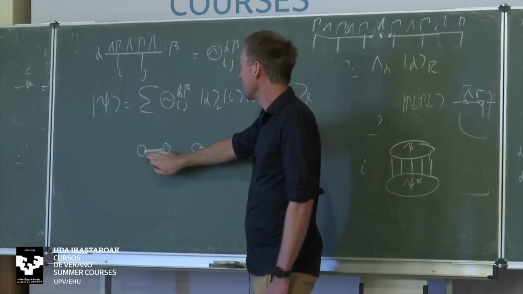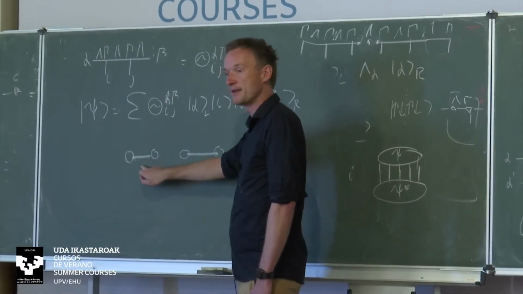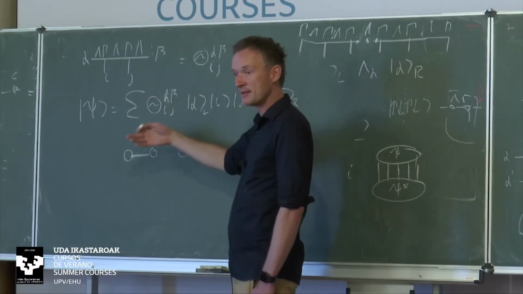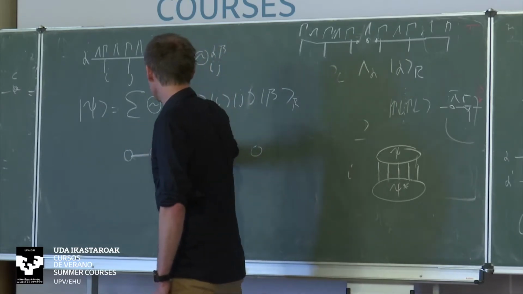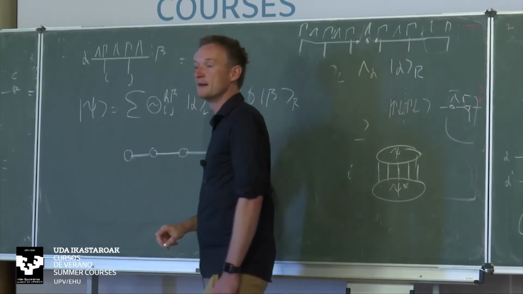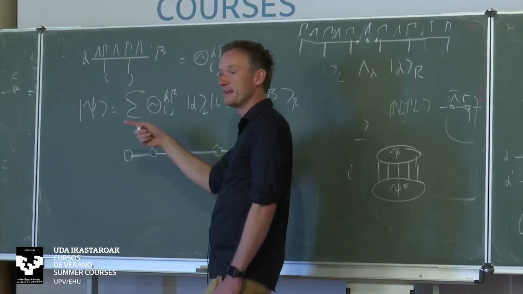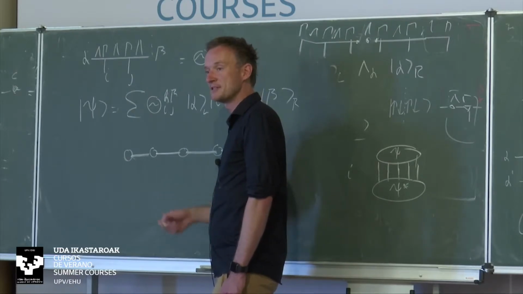Which means that the bond dimension increases on this particular bond from chi to d times chi, and on this bond. But on the next level, when we apply the Trotter gates on, say, the odd bonds, we will increase the bond dimension here. So we just increase the bond dimension alternatingly on the even and the odd bonds. Does this answer your question?